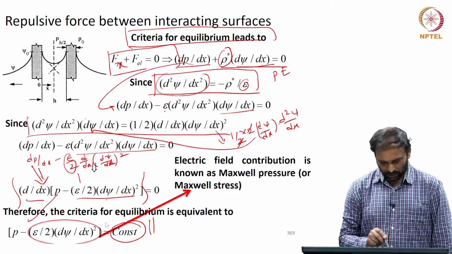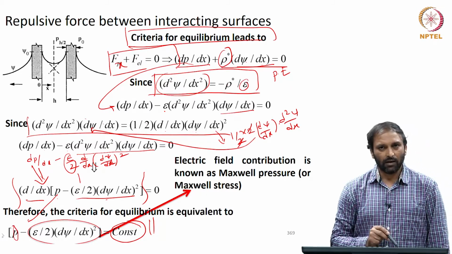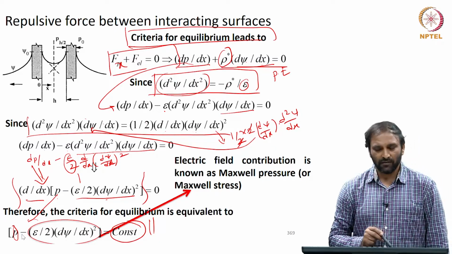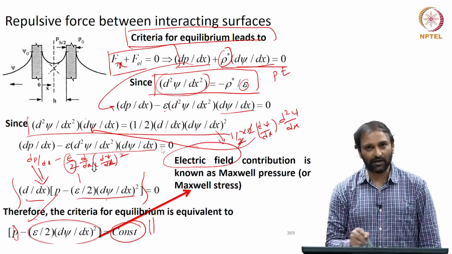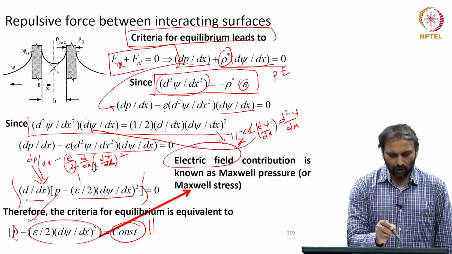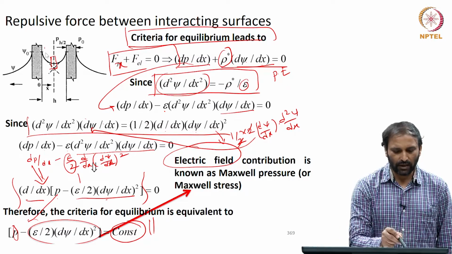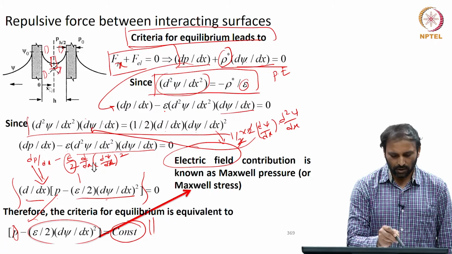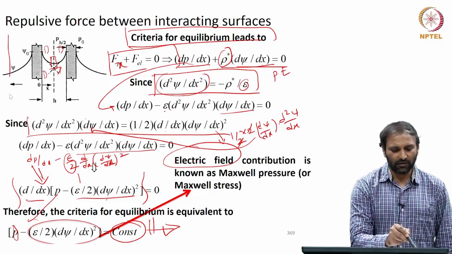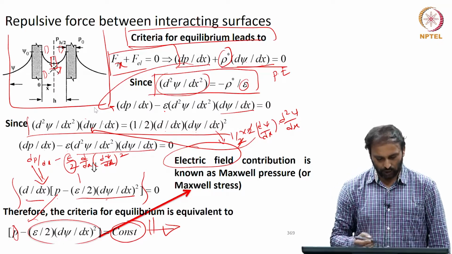And now, if you look at this expression, this is the contribution that comes from the osmotic pressure, and this is a contribution that comes from the electric field. So, what this expression essentially tells you is that if you look not only at the volume element at the central location, but at any location, this equation would be satisfied because we are assuming that the entire system is in equilibrium.